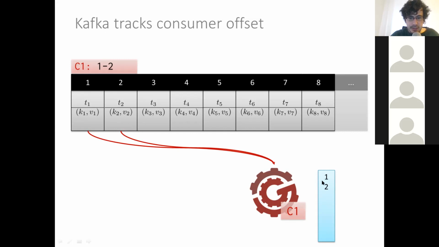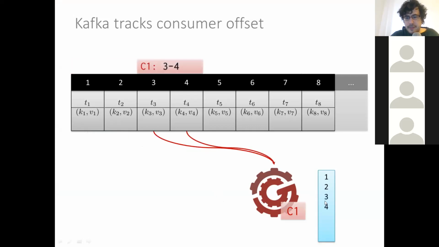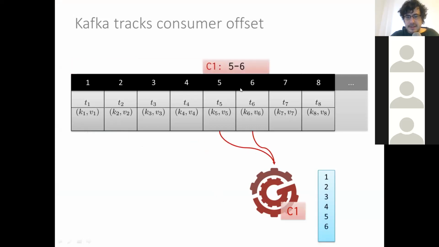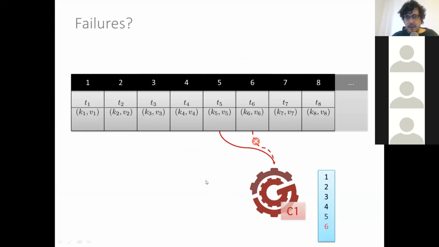So it reads these two records. We're just going to assume that it reads values that are equal to the offset just to make life easier. These could be messages or some other type of record, but we'll assume it's reading the same value as the offset. So it reads 1 and 2, maybe into memory, or to its local disk. Continues 3 and 4, 5 and 6. So Kafka is remembering that consumer 1 currently has read 5 and 6 and so forth.